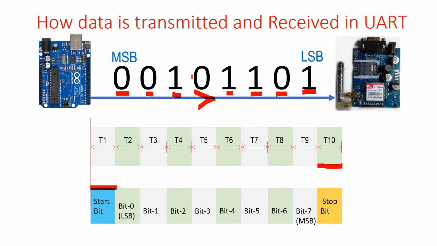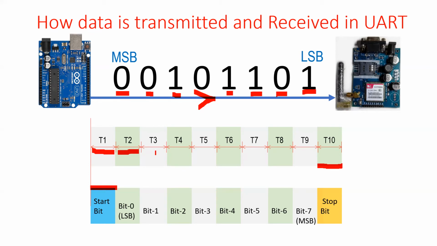So in place of 8 actual data bits, the Arduino is transmitting 10 bits, and each bit is transmitted with a specific time interval, T1, T2, T3, all of them the same. The exact duration for which a bit is transmitted in UART communication is defined by the baud rate, which we will discuss next.